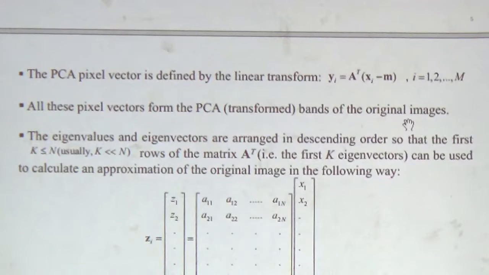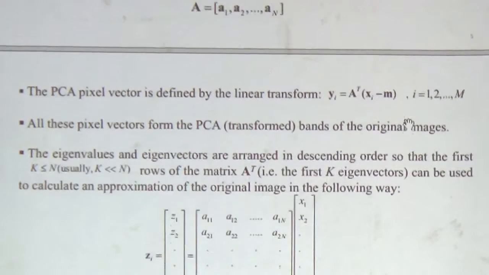Because the eigenvalue lambda k is small enough, I can remove the eigenvectors beyond that point and I will not incur error. In fact, I can actually calculate how much error I incur in reconstructing back x. So this is a reversible transformation, right? If I can get y from x by using A transpose, then I can get back x by multiplying what with y?